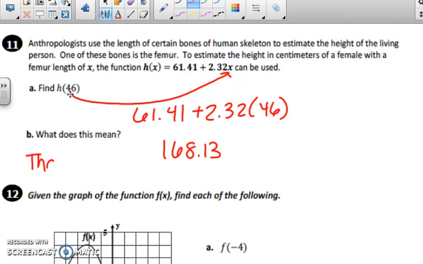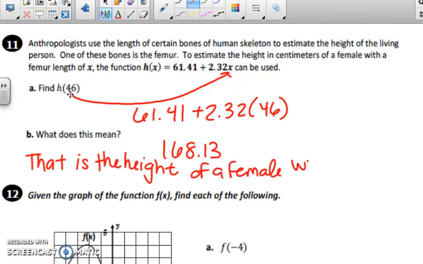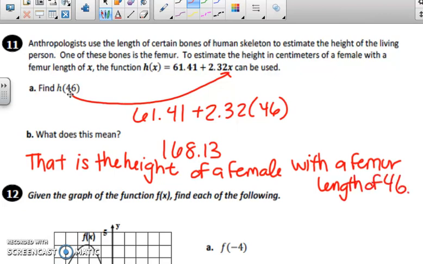So that is the height of a female with a femur length of 46. Okay, so that's how tall someone is if they have a femur length of 46 centimeters, okay?